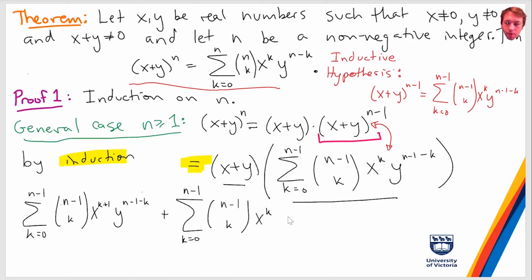And then from multiplying the y's, I get the sum k equals 0 up to n minus 1 of n minus 1 choose k, x to the k, y to the, so I'm going to have an extra y, right? So now I'm computing what happens when I multiply y times the kth term of this sum. So it's just n minus k. Can anyone see what we want to do with this?